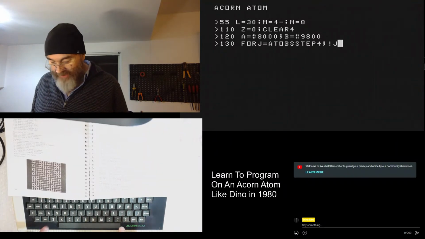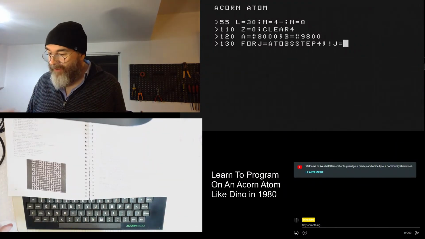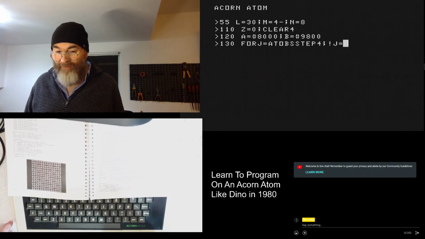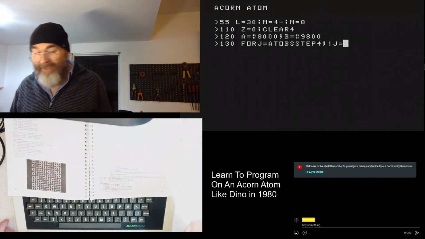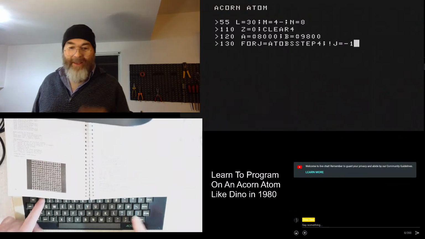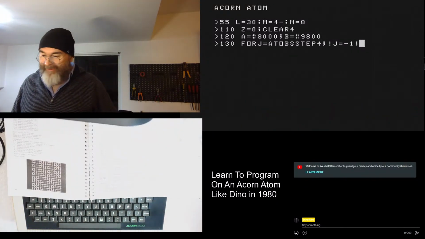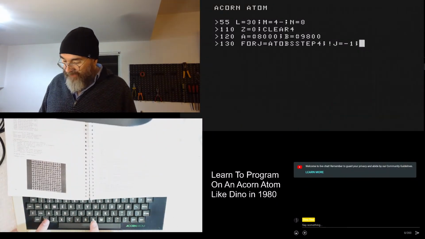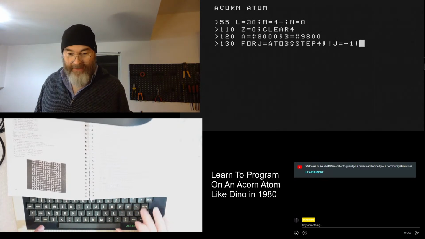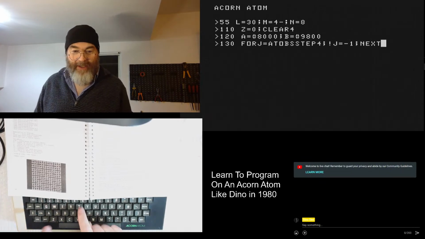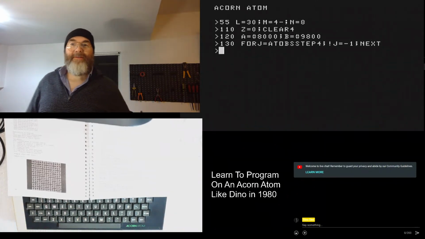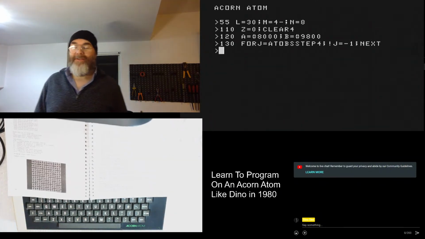I can see that, because this is going to do, the address at J, which is in a for loop between 8000 and 9800, is going to be set to -1. And the lovely thing about -1 is n dot is next. It's short for next, so I'll write it out, next. Wonderful thing. Right there, 1980.